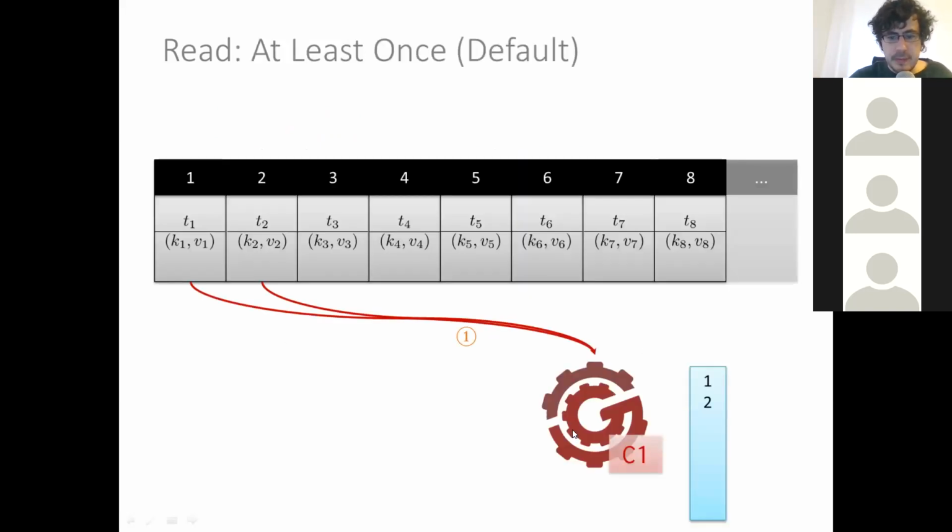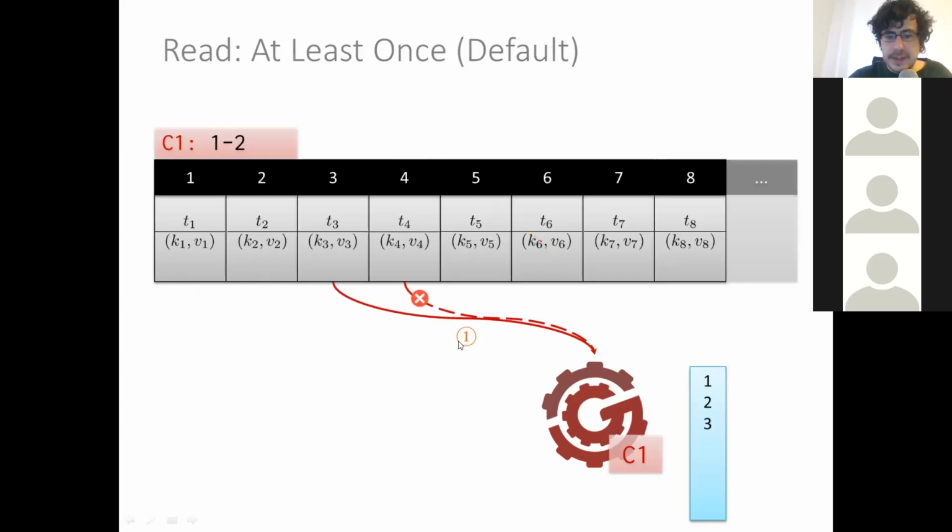The consumer reads a value and then it sends an acknowledgement to say, okay, I've read values 1 to 2. And then Kafka will remember, okay, consumer 1 has read values 1 to 2. So then it will read the next two values. And let's say there is an error on reading the second record. So here we have 1, 2, 3, and we're missing 4.